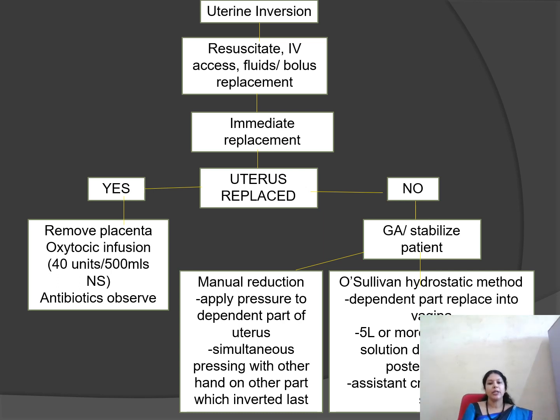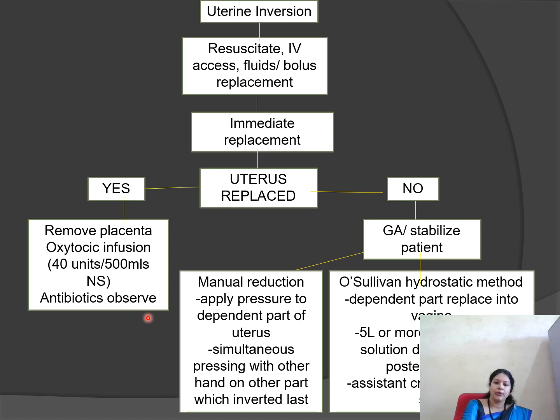And if you are able to replace the uterus, immediately after replacing the uterus, you just make sure, wait for the contraction. Once the contraction has started, you can try for the removal of the placenta, and you can start oxytocin for ensuring the effective contraction, and you should give antibiotics also prophylactically for preventing the infection.